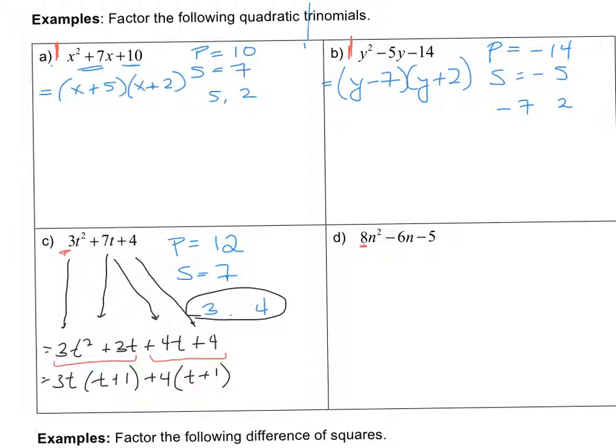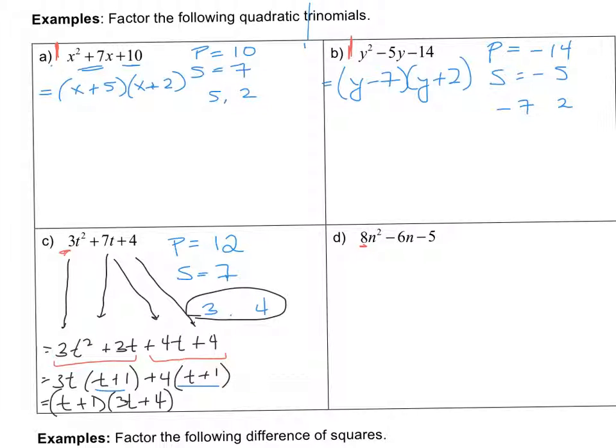Well, look at this. How do I know I'm right? I have 2 brackets that are the same. So that's my common bracket, and that comes out front. So t plus 1, and then my other bracket happens to be 3t plus 4. And I'm done.